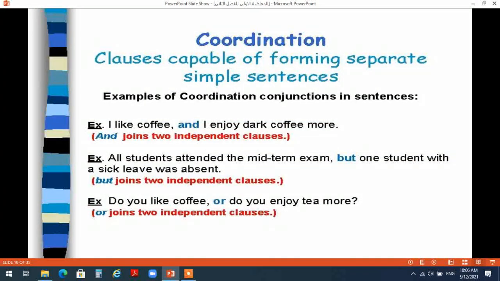So, as you can see here, in coordination we have clauses capable of forming separate simple sentences. يعني لما يكون لدينا علاقة أو نربط جمل أو عبارات باستخدام coordinating conjunctions، هذه العبارات التي نربطها قادرة على أن تكون بحد ذاتها جمل مستقلة.